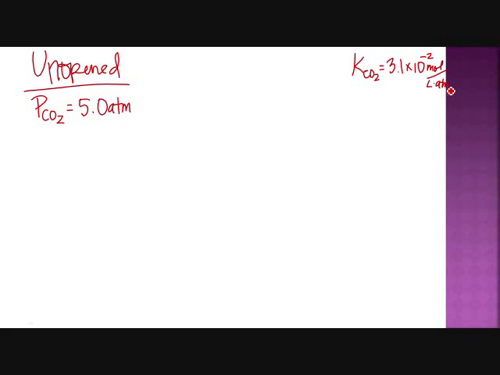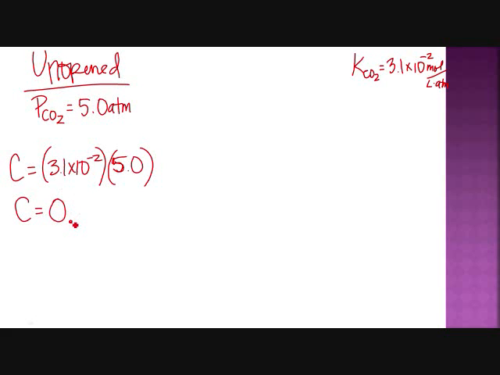So we're going to use C equals K times P to solve for the concentration. We'll take 3.1 times 10 to the negative 2 times 5.0. So the concentration is 0.16.